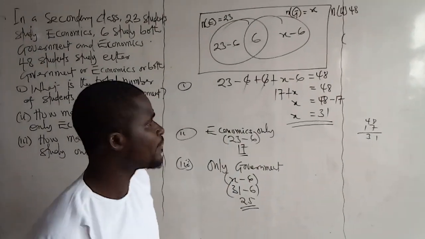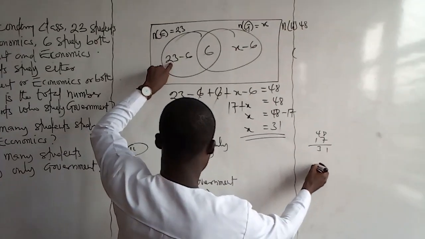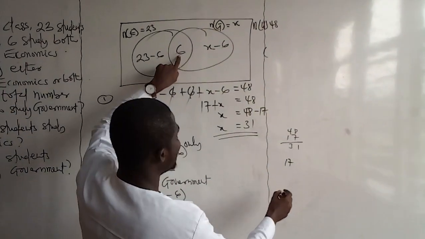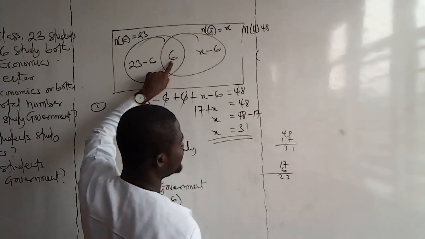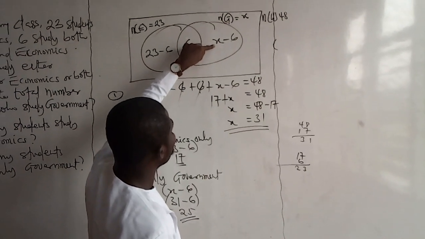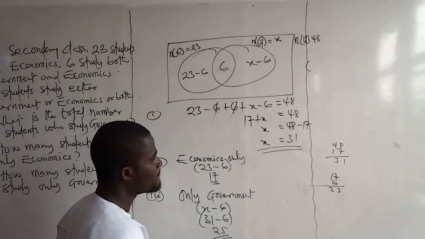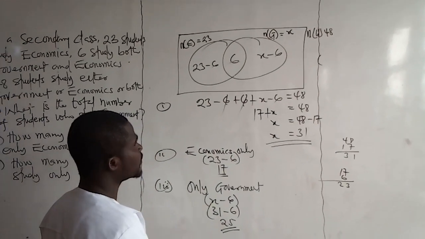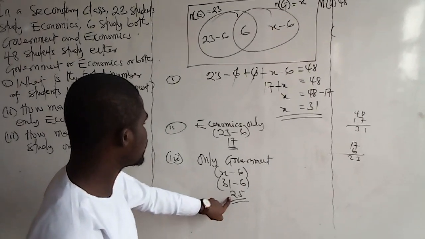So let's see. Those who study economics, they were 17 plus 6. 17 plus 6 will give us 23. Plus those who study government only. Government only 25.